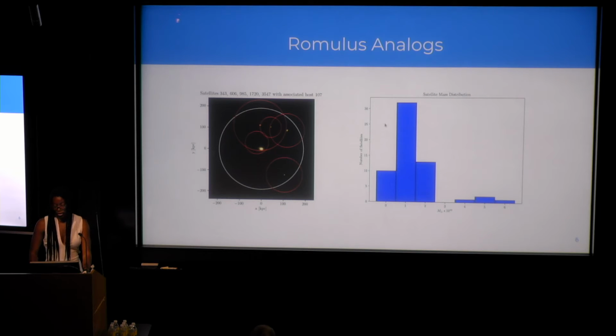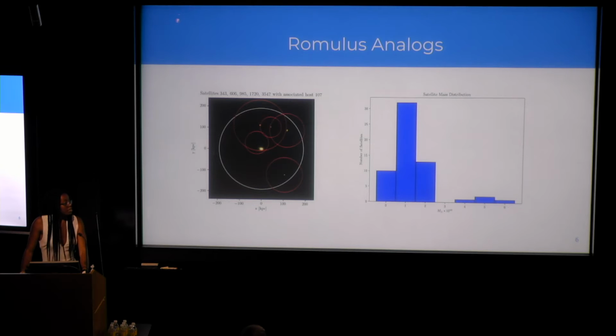And then from our database, these are mass distributions of the 59 different satellites. So most of the LMC analogs had at least one satellite. However, if you notice, within the histogram, it says that 10 of them have 0 satellites, which actually isn't the case.